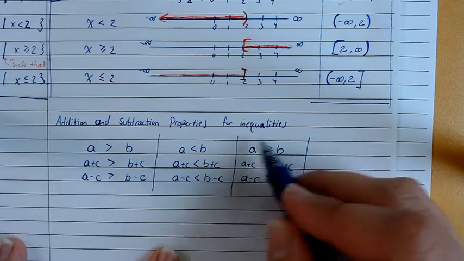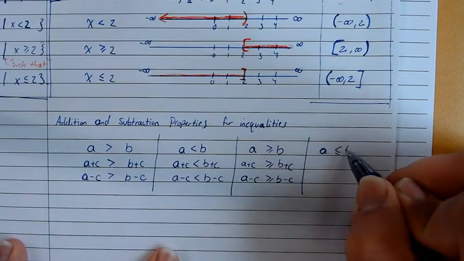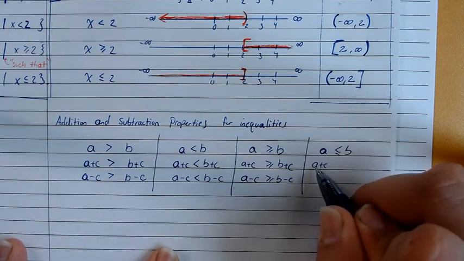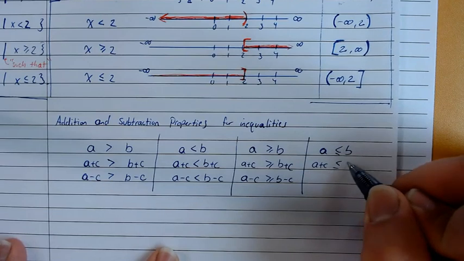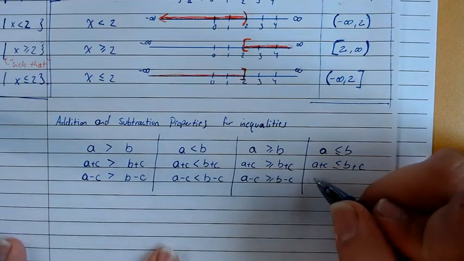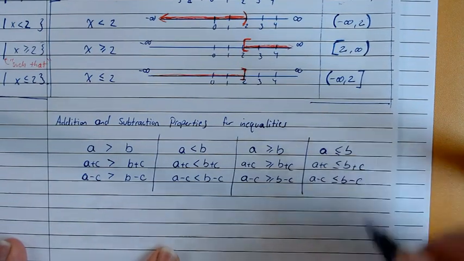And if I have the other inclusive inequality, A is less than or equal to B, well then if I add the same thing on both sides, this A plus C is less than or equal to this B plus C. And if I subtract the same thing on both sides, this A minus C is less than or equal to this B minus C. Like that.